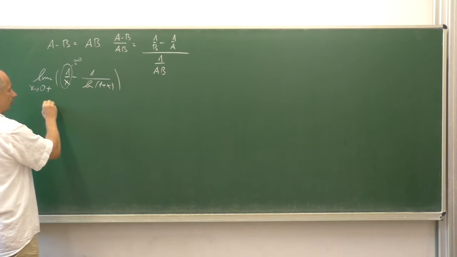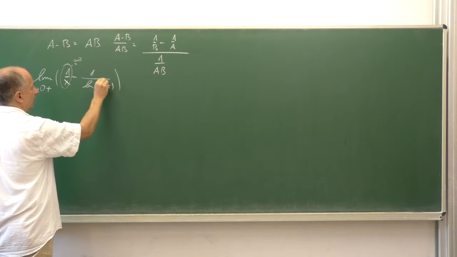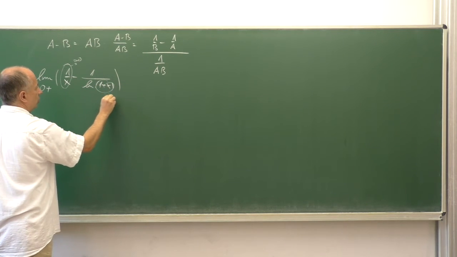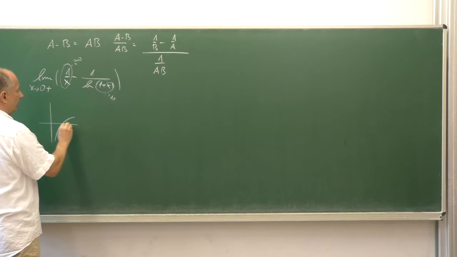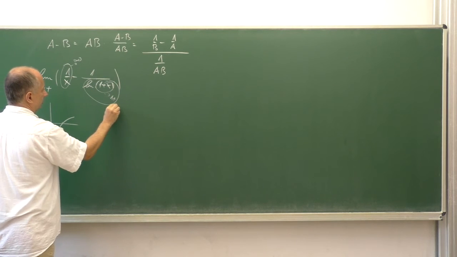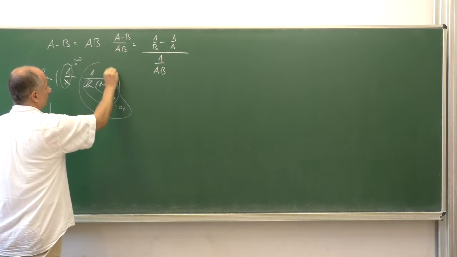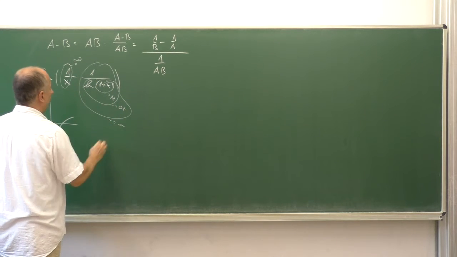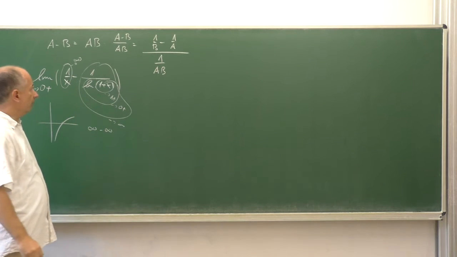So if x goes to 0 from the right, then this goes to 1 from the right, and logarithm of an argument that goes to 1 from the right goes to 0 from the right. So this fraction goes to infinity as well.